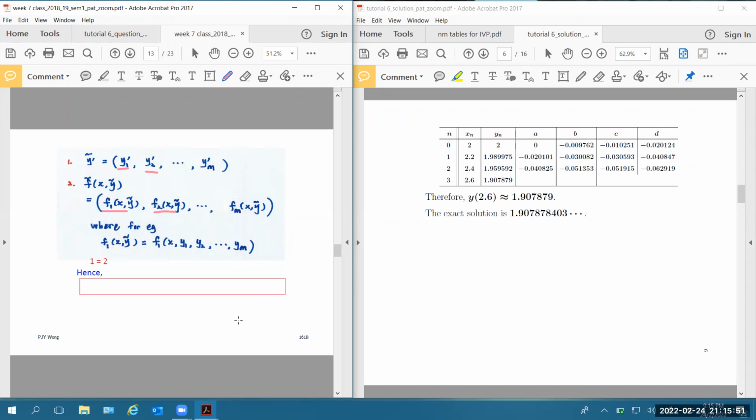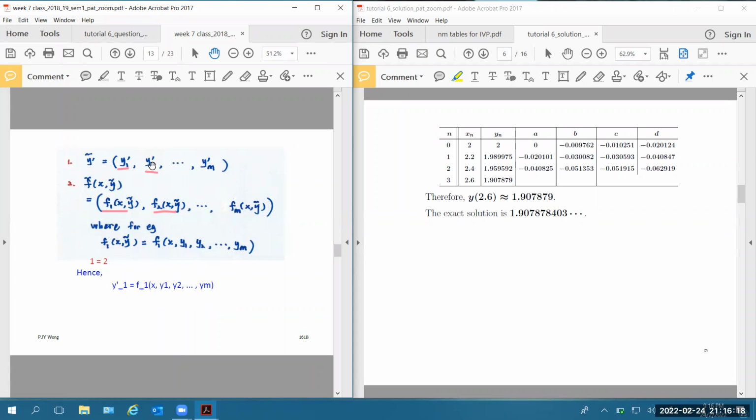If we just write down the first component equal to first component, this is what we have: y1 prime equals f1 of x, y1, y2 until yn. Everyone clear or not? So that's how you get your first equation.